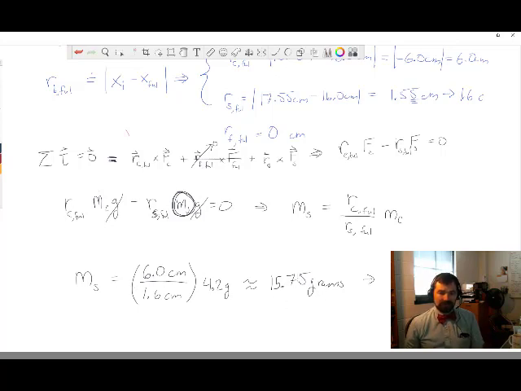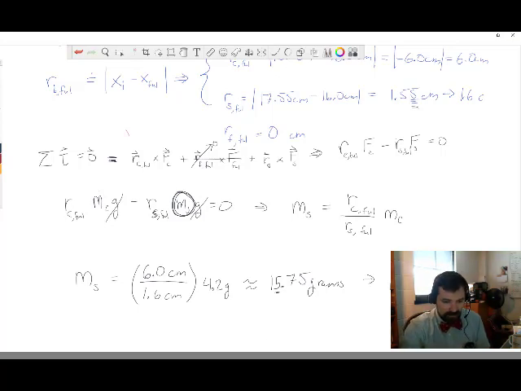Probably, again, we should round this. I think you could get it to the nearest whole gram if you're following significant figure rules based on what we've done here. When you do the experiment yourself, you may be able to get one more digit because things may be a little farther apart, or you may be able to get this level of precision. But with the numbers I've written down, this is 16 grams.